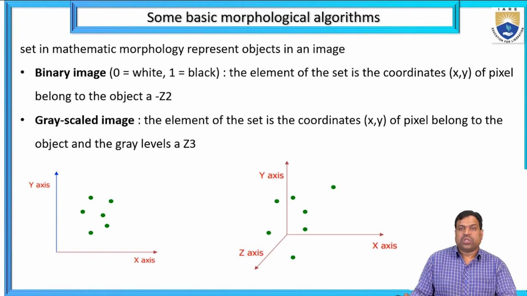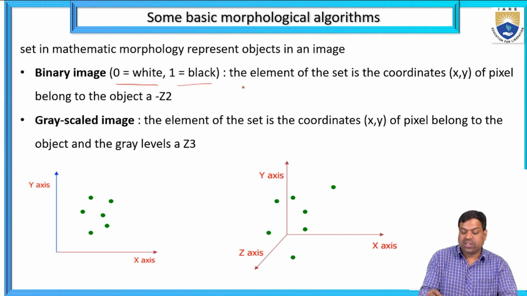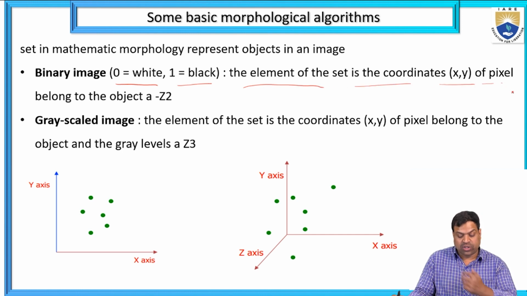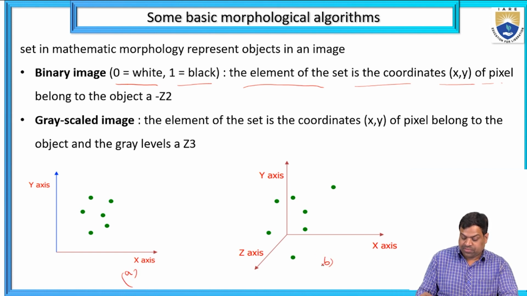Sets in mathematical morphology represent objects in an image. In a binary image, 0 is white and 1 is black. Here the element of the set is the coordinates x, y of a pixel belonging to the object, in Z squared. In a grayscale image, the element of the set is the coordinates x, y of the pixel belonging to the object and the gray level, in Z cubed.